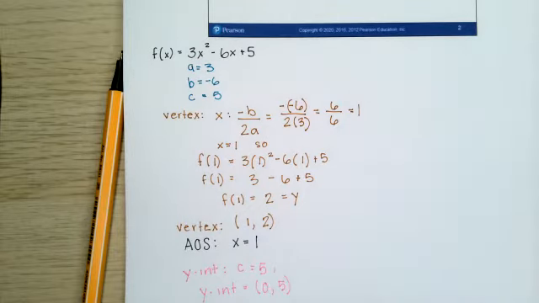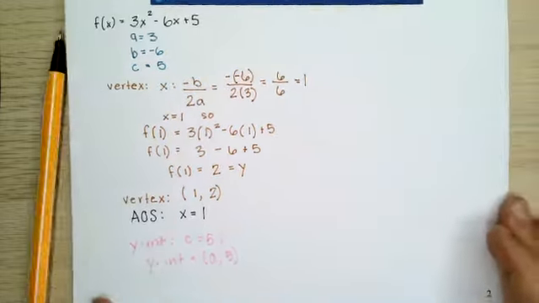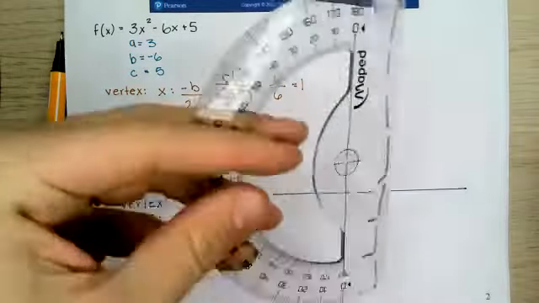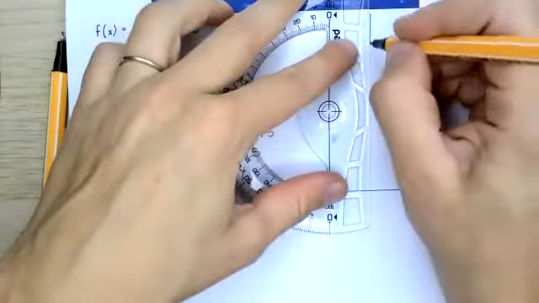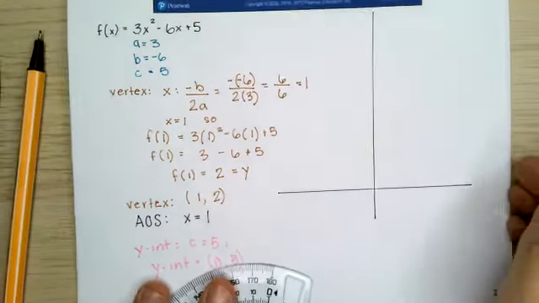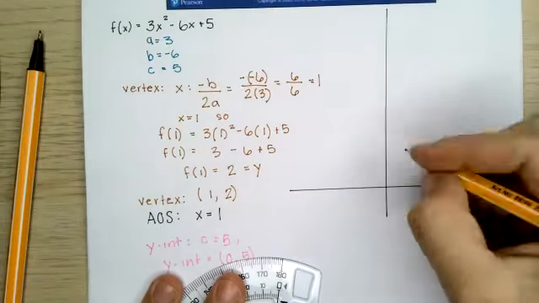So if I was to graph that, what I would get is, out of room, sorry. Important. All right, we said that our vertex is at 1, 2.